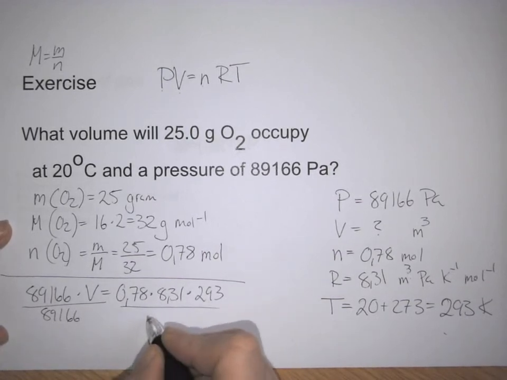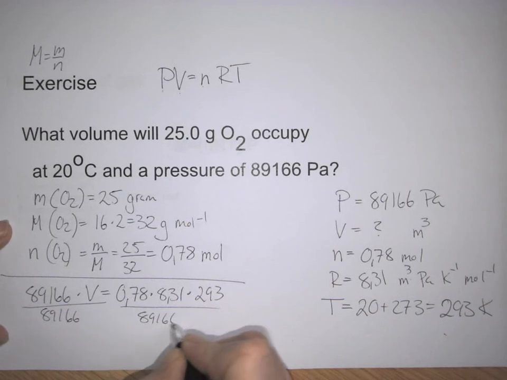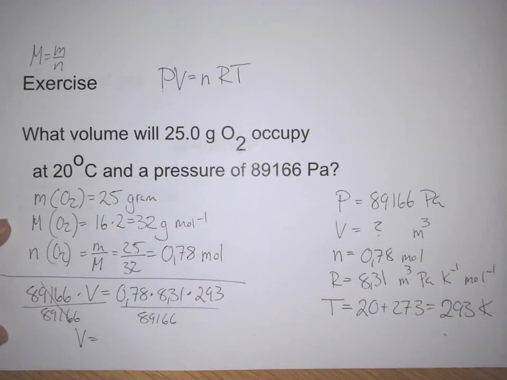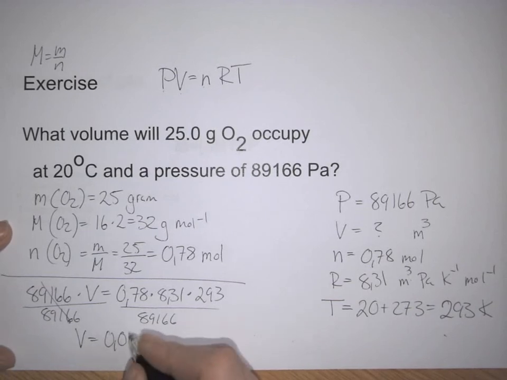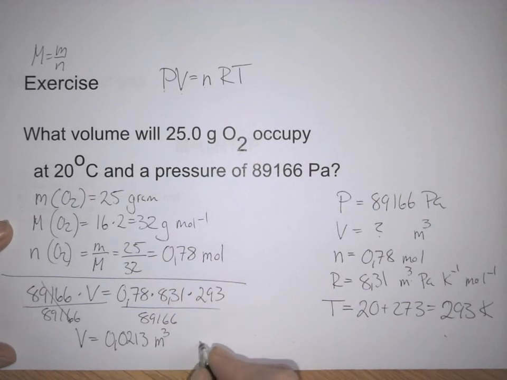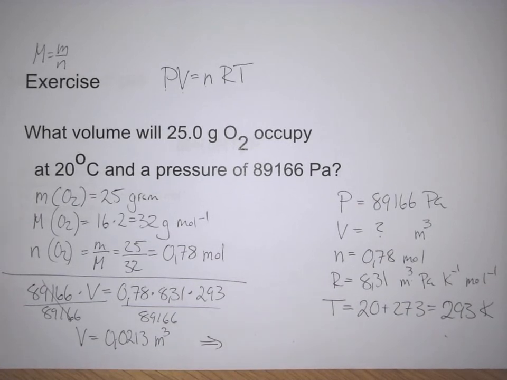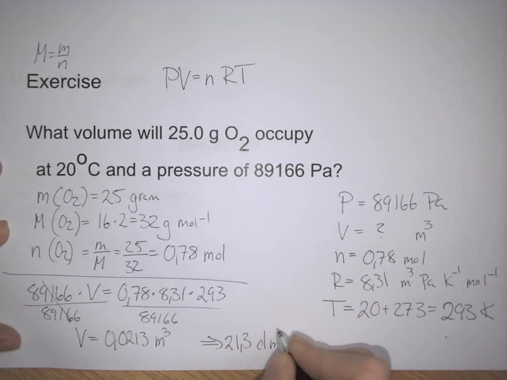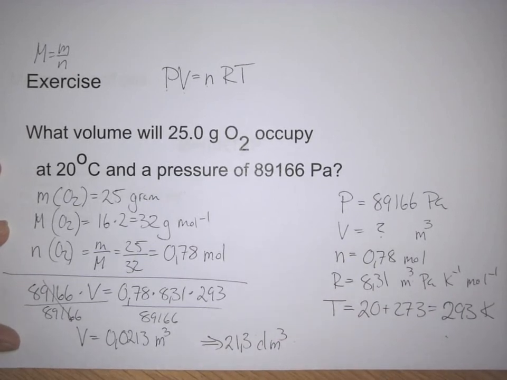You can just put this in your calculator, and that will give us 0.0213 cubic meter. My recommendation to get it more so you can imagine it is to convert it to cubic decimeter. That's 21.3 cubic decimeter or liter.